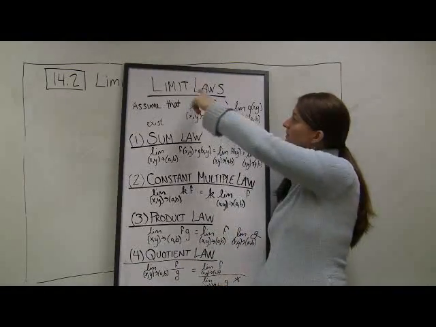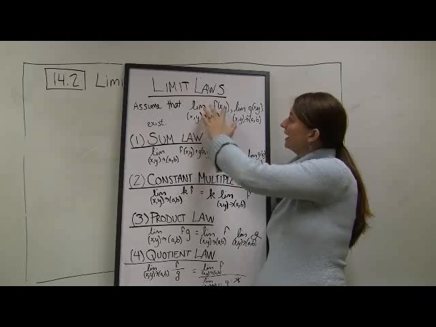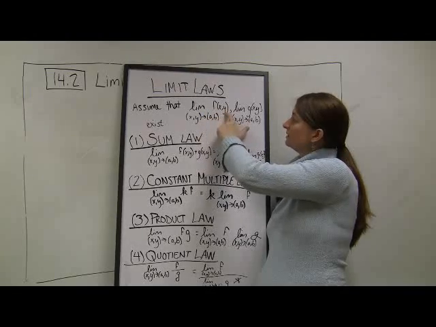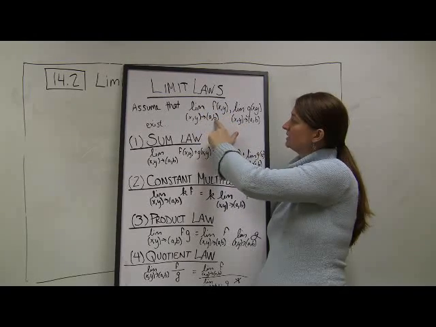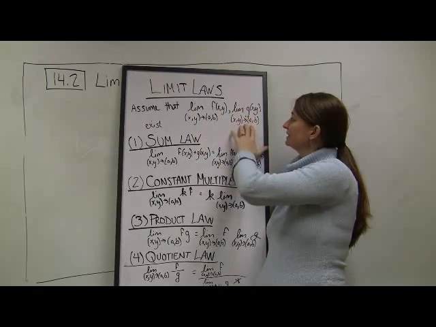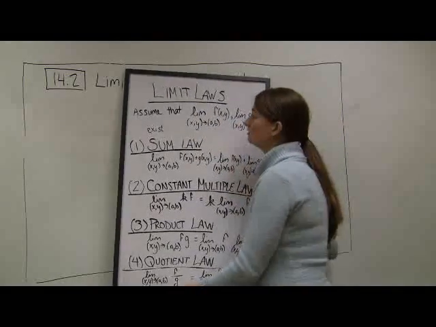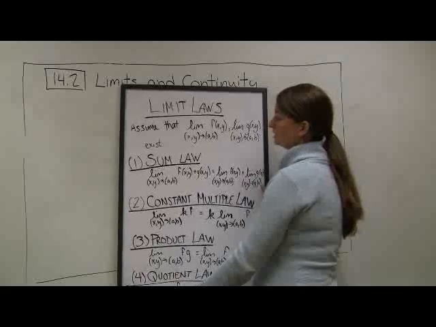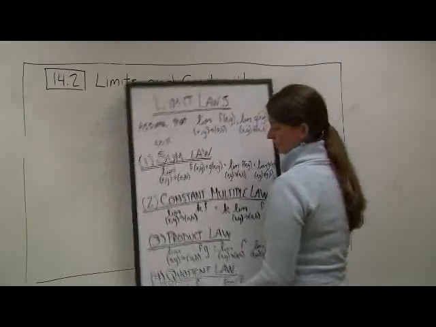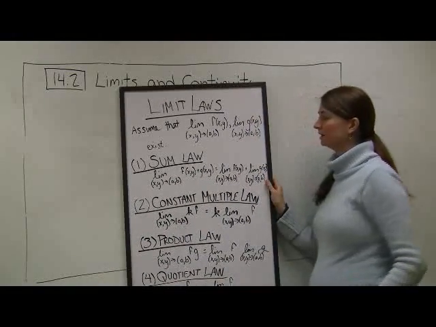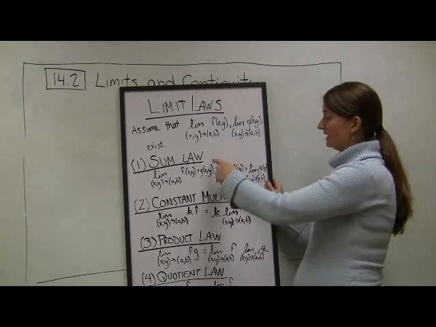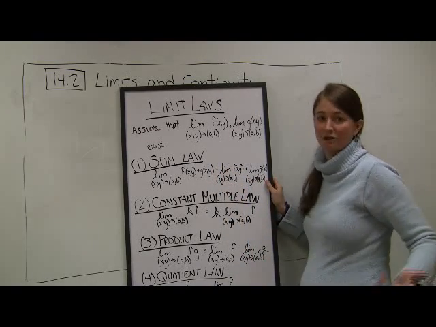So our limit laws are saying, assume that I have limits that exist. So if my function f of xy approaches AB, this limit exists, and this limit also exists, meaning all of those paths that are zooming in on that point all go to the same place. What does that mean? Then a bunch of things that you think should be true actually are true.